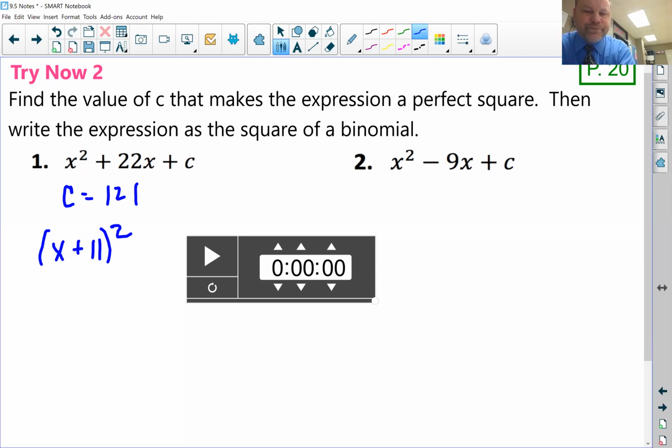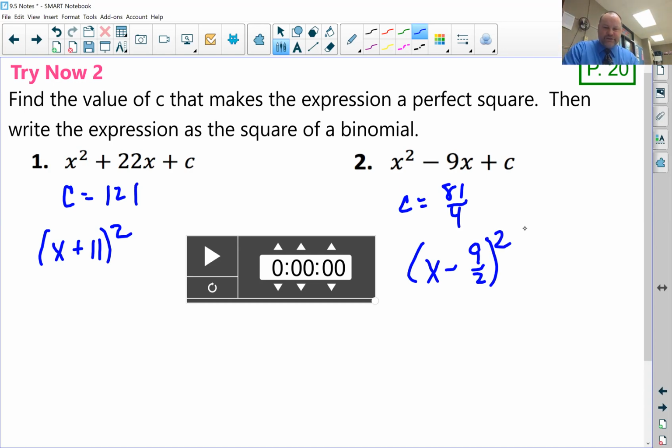For number two, C would be 81 over 4, and the square of the binomial, the factored form, would be x minus 9/2 quantity squared. So that's how you get an expression as a perfect square. Now we're going to use that and solve equations.